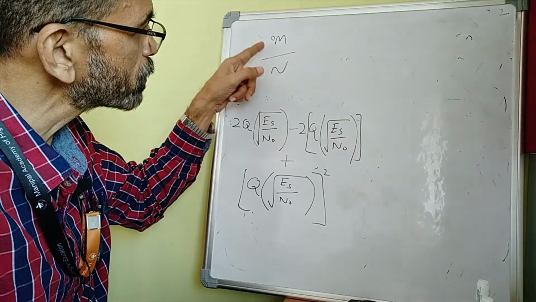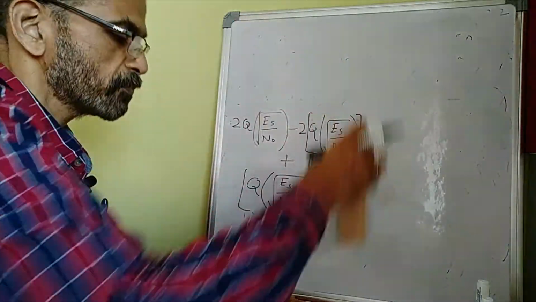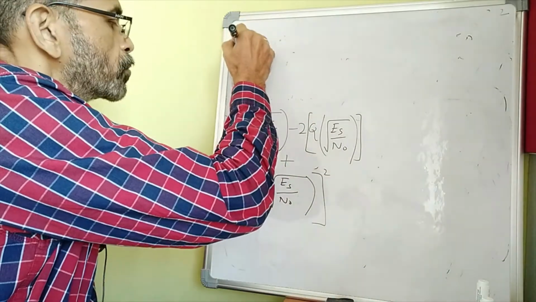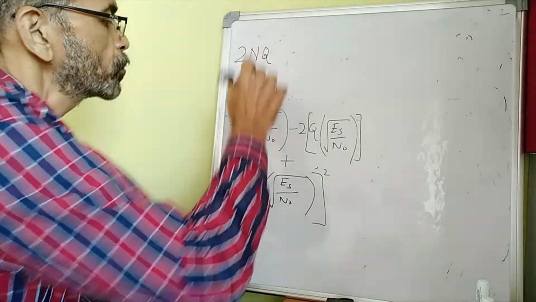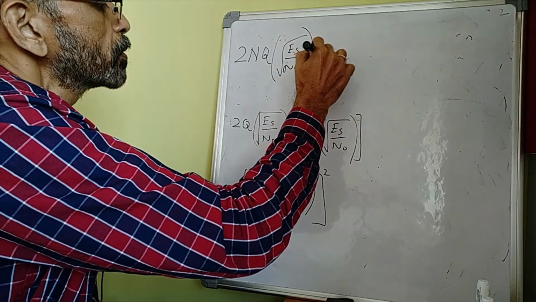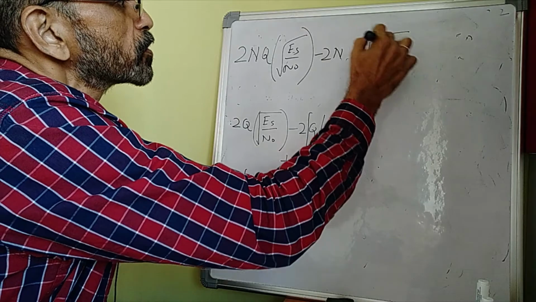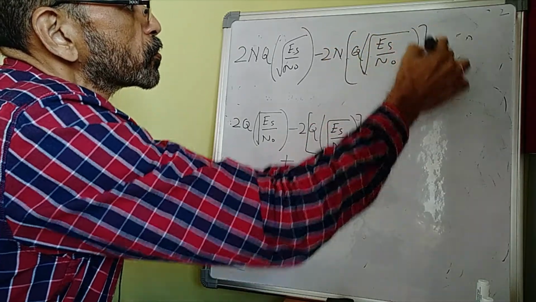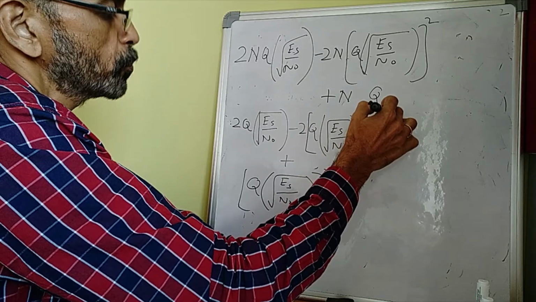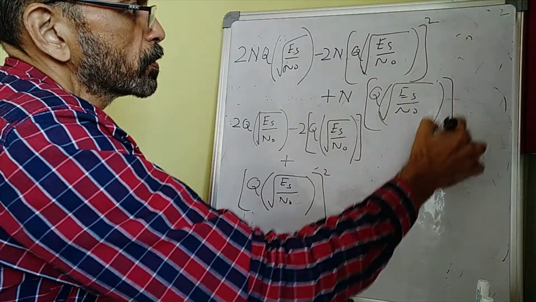M, the number of symbols where we have made an error in its detection, will be n into this, and hence the number of symbols which we have lost, in the sense we have made a wrong decision, will be 2nQ(root(Es/N0)) minus 2n[Q(root(Es/N0))]^2 plus n[Q(root(Es/N0))]^2.